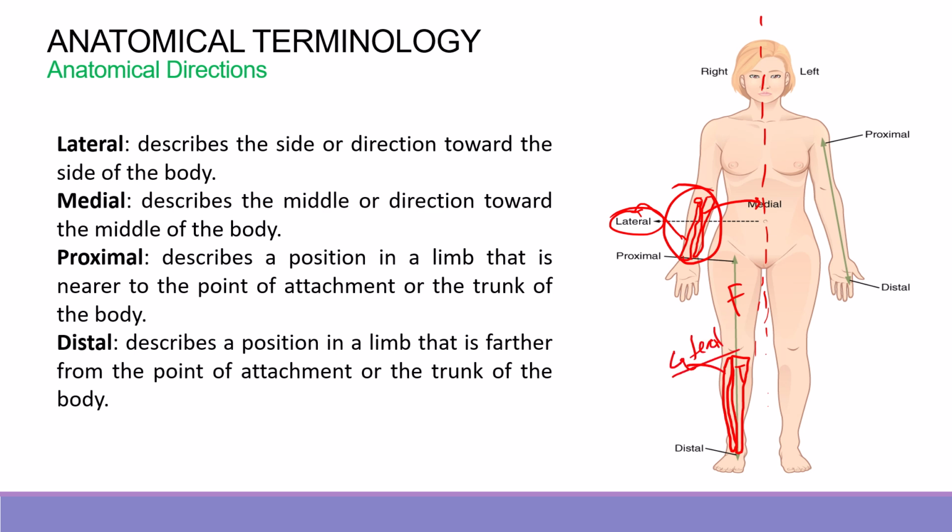It's lateral because you're comparing that against the tibia, which is medial, and is the one that is closer to the midline. So that's primarily when we describe something in terms of direction, medial versus lateral. Just keep in mind that midline.